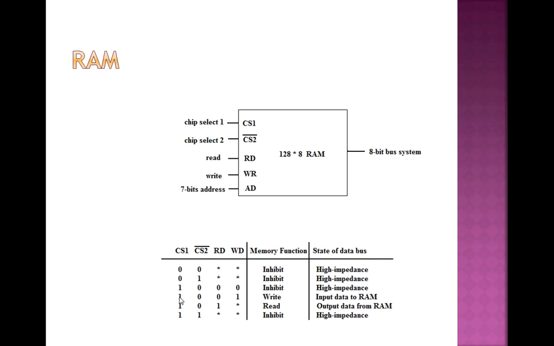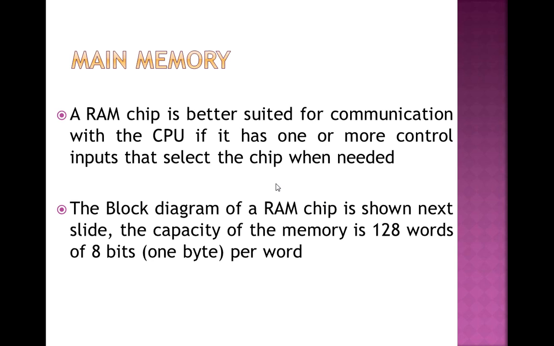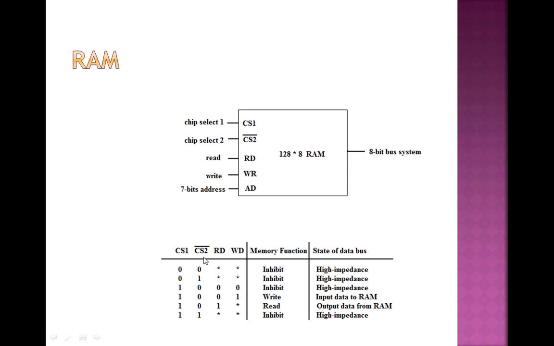This is your RAM chip, that is chip select 1, chip select 2, that is CS2, read operation, write operation. This is your address part, that is a 7-bit address. And the RAM chip is 128 words of 8 bits, that's why it is written as 128 x 8 RAM.